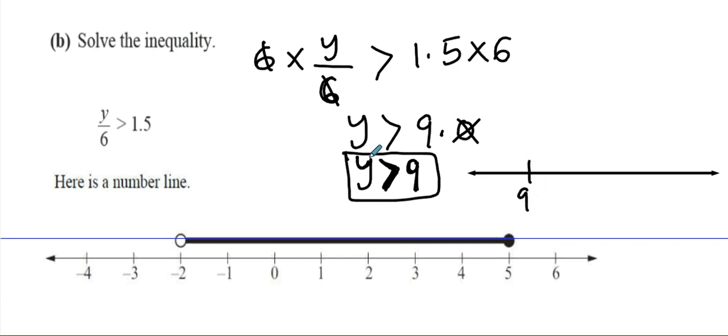Y suggests all numbers which are greater than 9. Those numbers which are greater than 9 include 10, 11, 12, 13, 14, and so on. Now, starting from 9, here we keep an open circle. Why? Because the symbol is greater than.